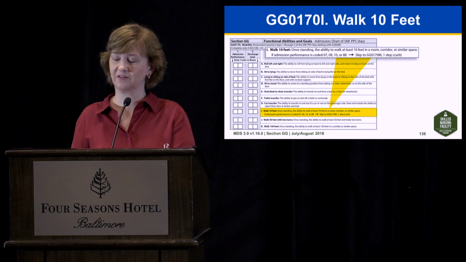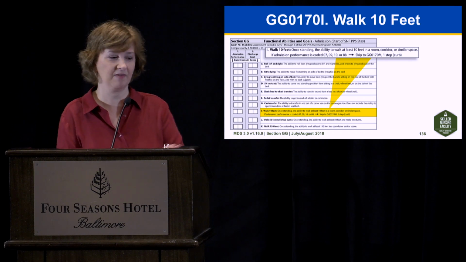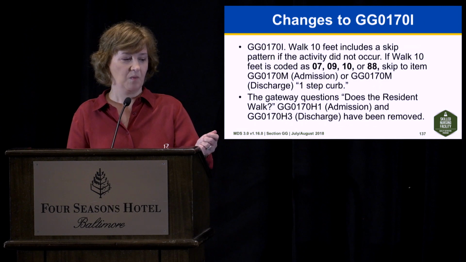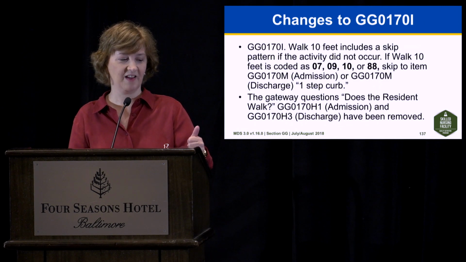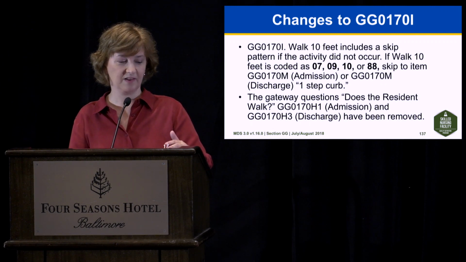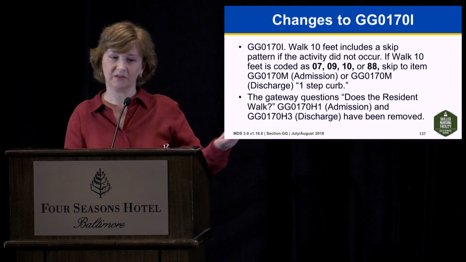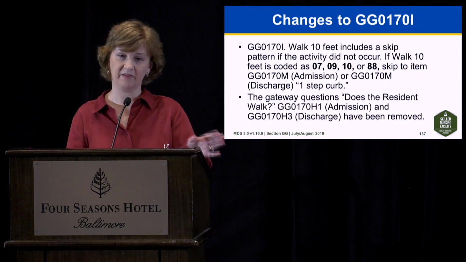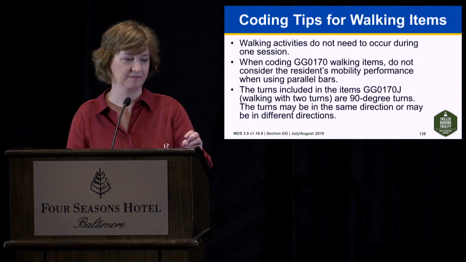So you don't skip out of stairs, you just skip past the walking items. Just to reinforce, in section I, if you code 7, 9, 10, or 88, you skip over to 1 step on the curb, and that allowed CMS to remove the H item on the admission and discharge assessment.